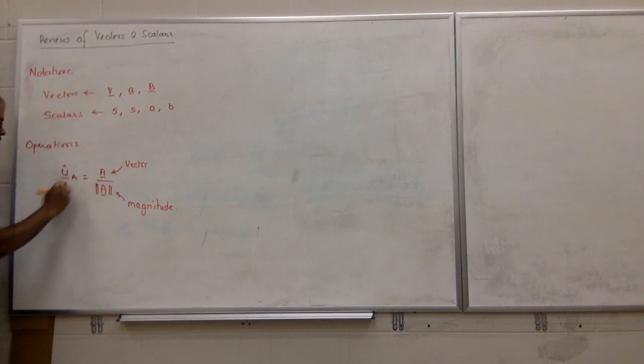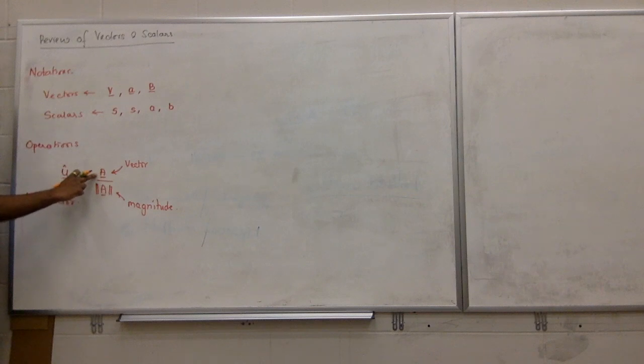This becomes a unit vector. If you take a vector, divide that by its magnitude, you're going to get a unit vector. Okay? Unit vector is essentially a direction vector. It will tell you only the direction. But what is the magnitude of a unit vector? 1.